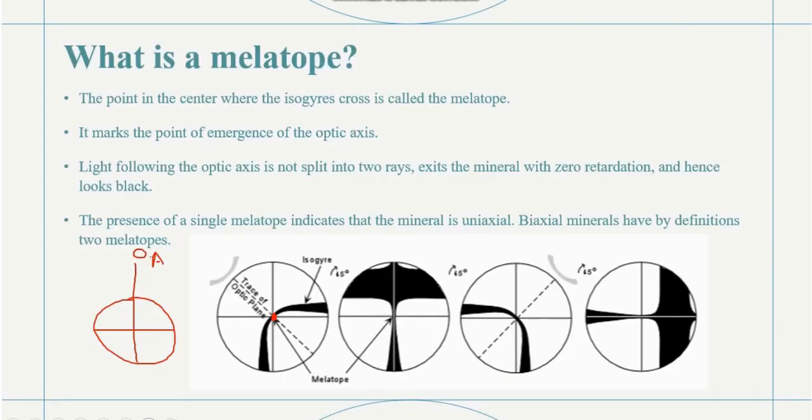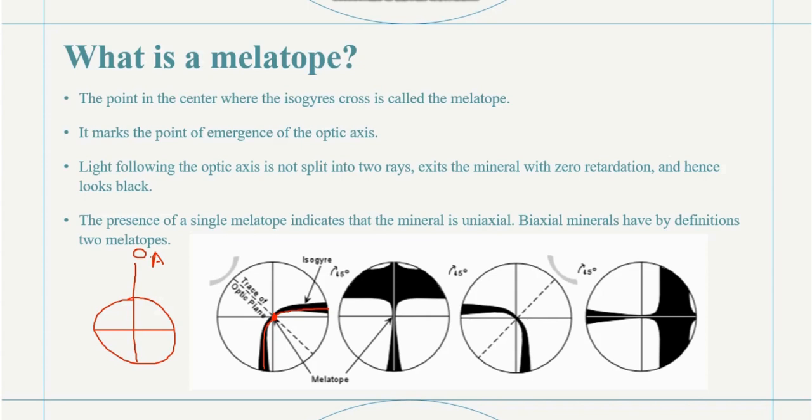Along these two lines, the extinctions come into the picture. The mineral is dark along these two lines, and we form what you call the isogyres.